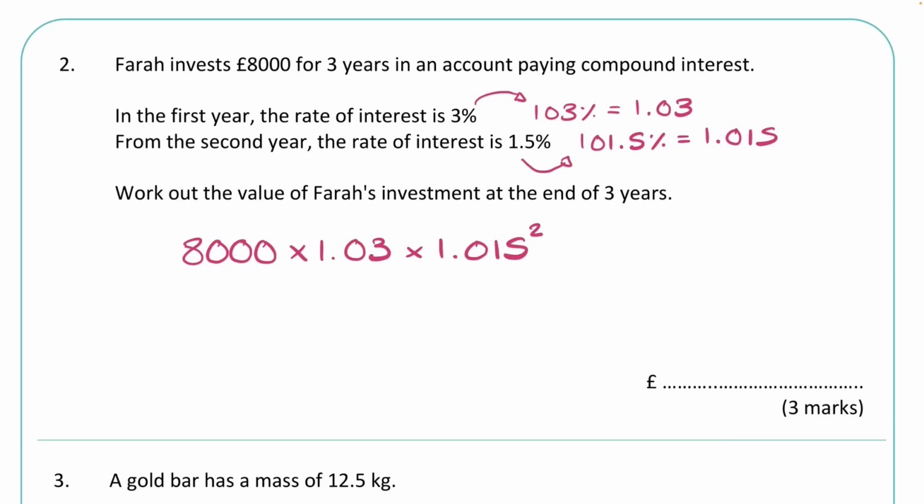So now all we need to do is type it into the calculator, so times 1.03 times 1.015 squared with that one, and that gives us a final answer of 8,489.054. And just remember to round that to the nearest penny, so 8489.05. And there we go, that is the value of Farah's investment at the end of the 3 years.